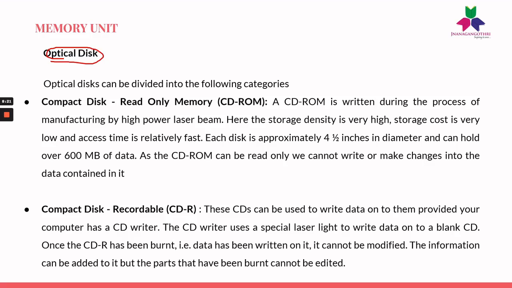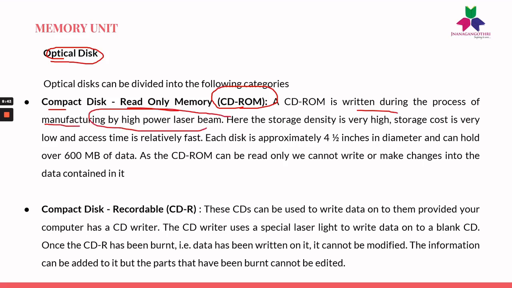The first one is the compact disk read only memory, which is CD-ROM. CD-ROMs are made of reflective metals. A CD-ROM is written during the process of manufacturing by a high power laser beam.